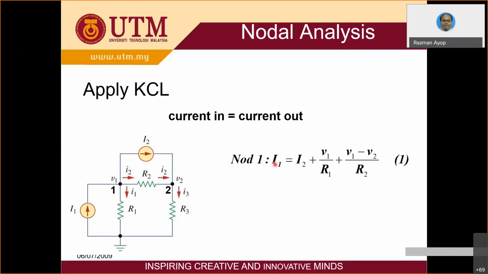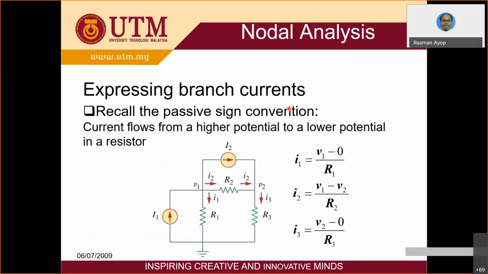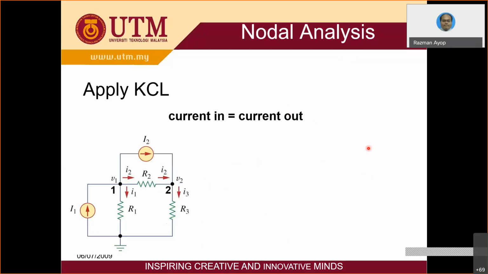So I1 equals I2 plus V1 over R1, minus 0 is already removed, simplified, and V1 minus V2 divided by R2, which is this equation. You just use all the equations you derived before. So you use Kirchhoff's current law, you get this equation.